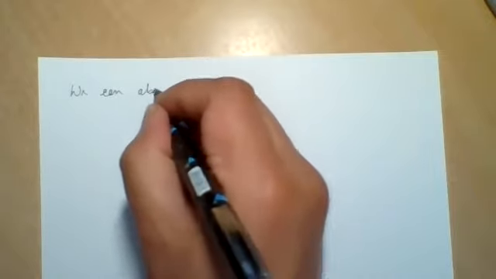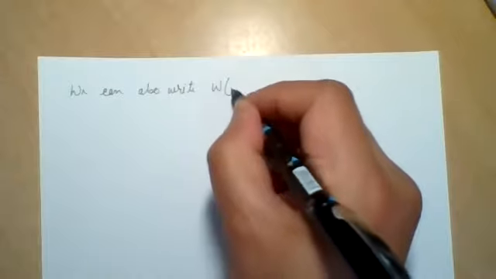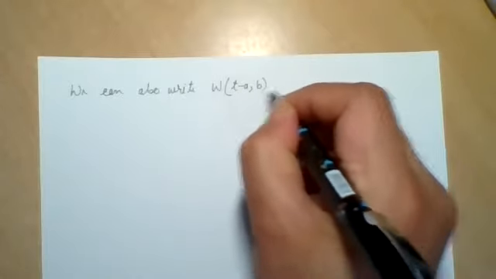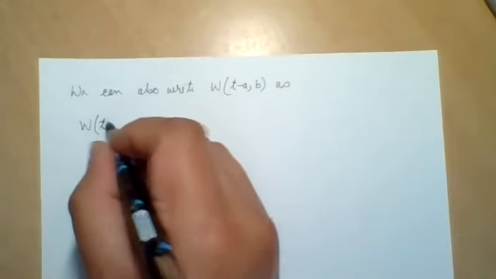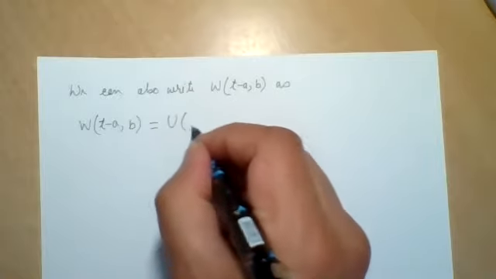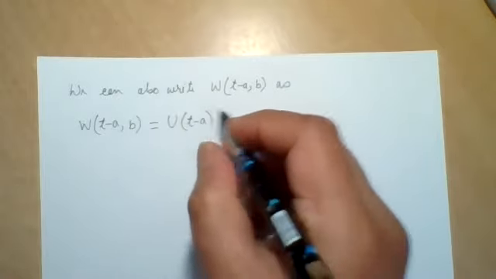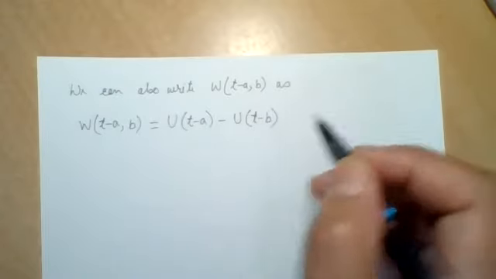We can also write w(t − a, b) as equal to u(t − a) minus u(t − b).